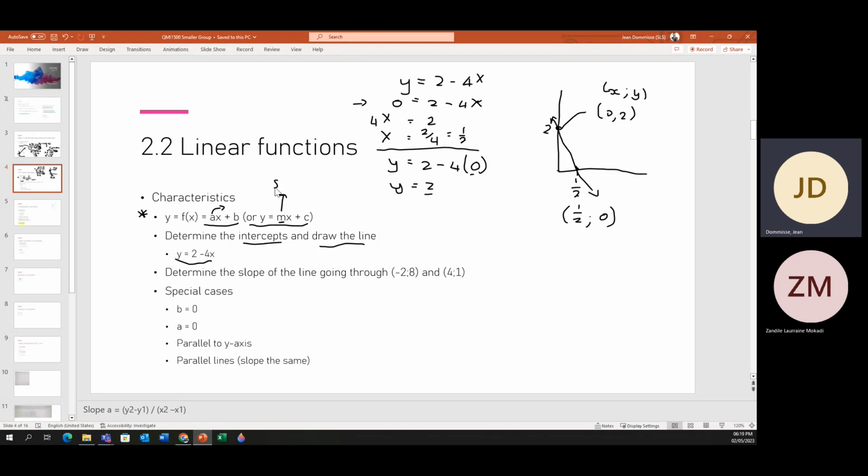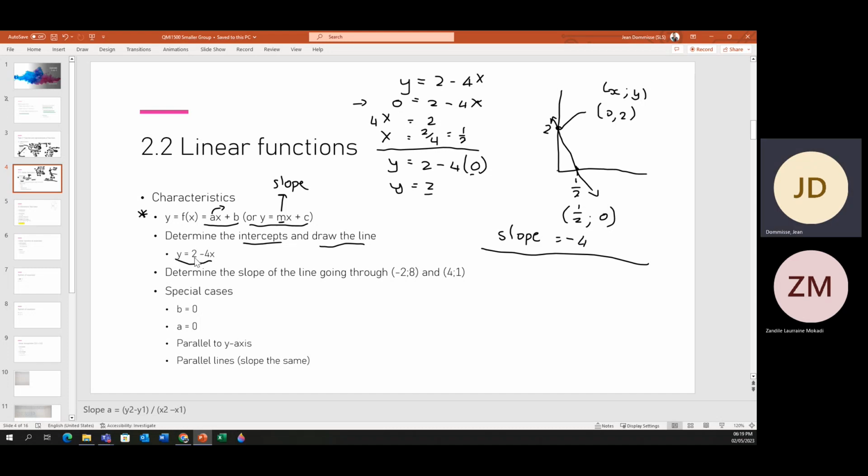So if it was given and they ask us what is the slope with this line, the slope would have been equal to -4. Okay, so that you can then read off the formula.